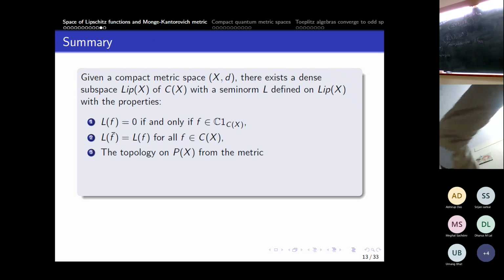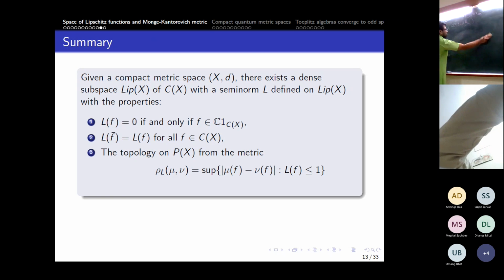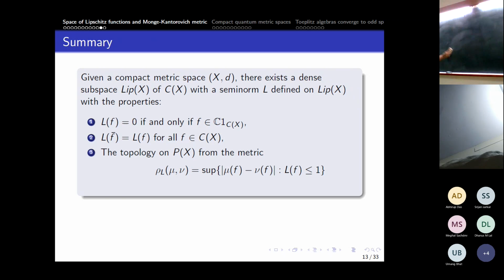The most important part was that the topology on Px was coming from this particular metric, which was the supremum of the absolute value of mu f minus nu f, where by definition mu f is the notation for the integral of f with respect to mu, and L of f is less than or equal to 1.